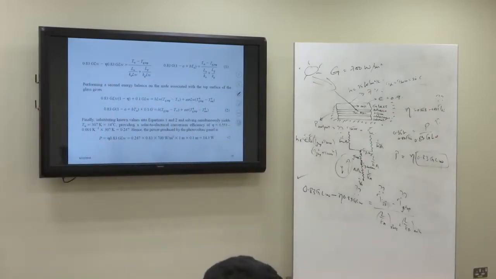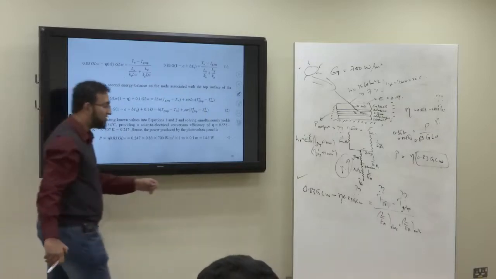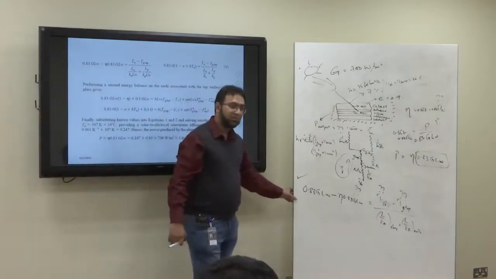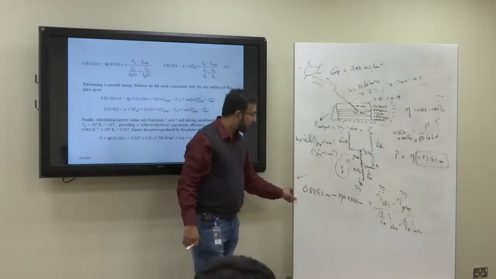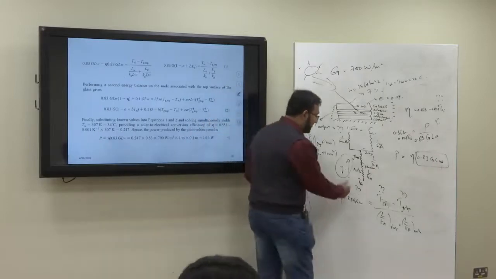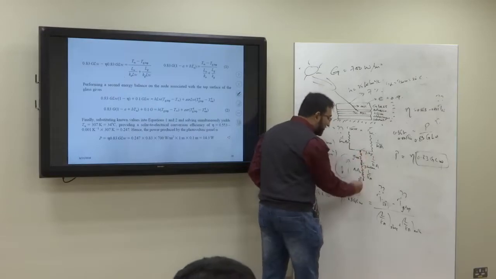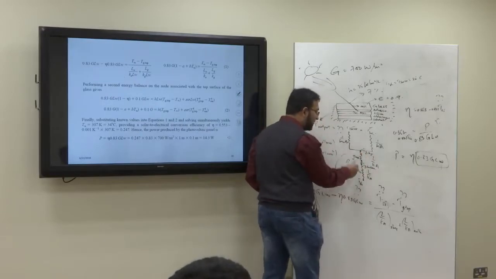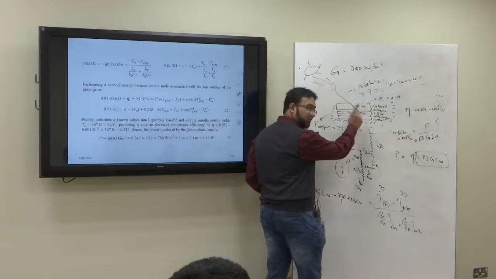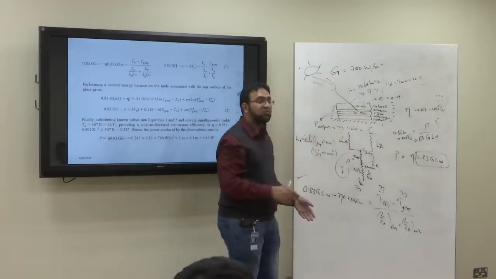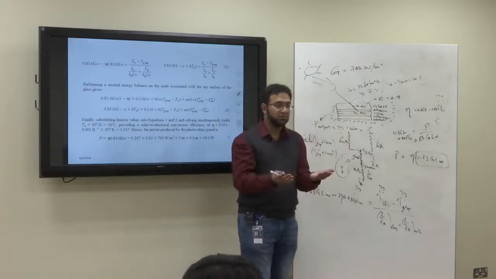Important thing is that, first of all, do you understand how we made this equation? Look, if we consider from silicon to the top of the glass, you have the heat flowing. This is the only heat which is coming from the silicon layer. But we need to know how much is the heat.